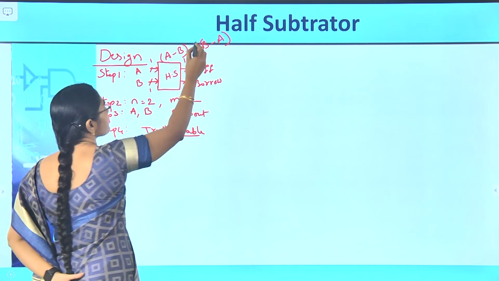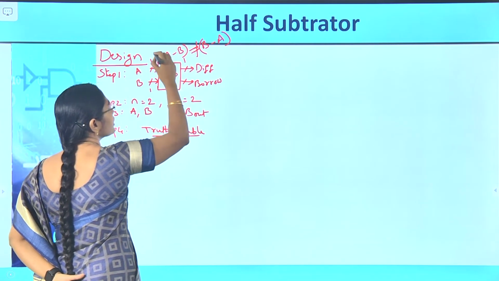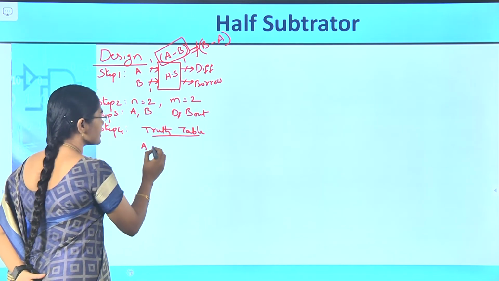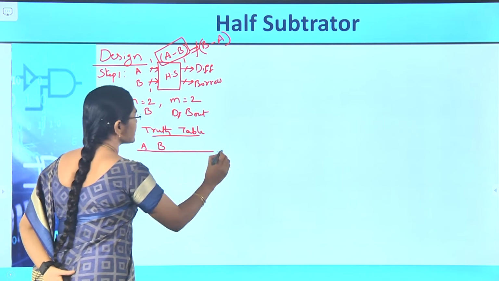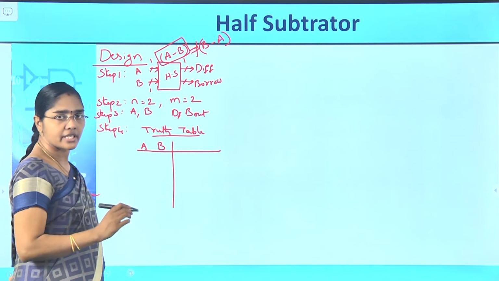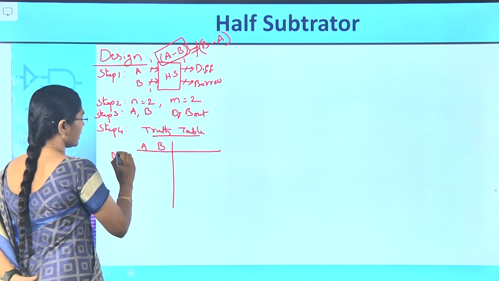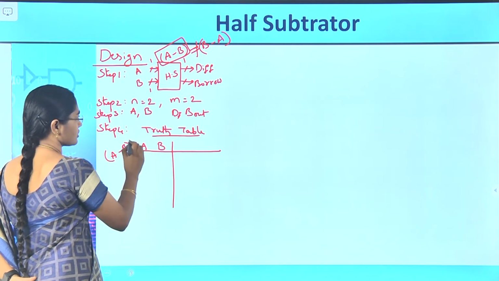So we are going to perform the A minus B operation. Let us take A as the MSB and B as the LSB in the truth table.